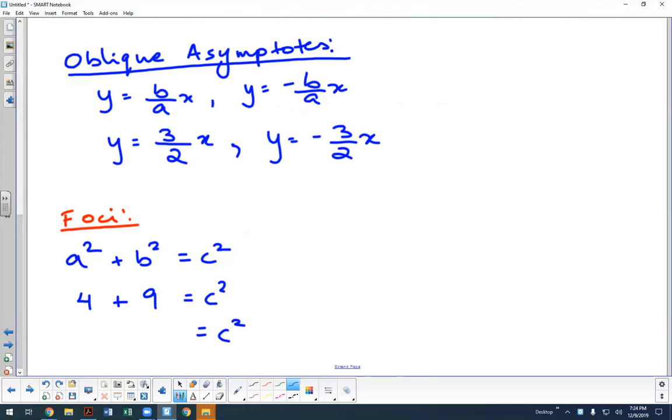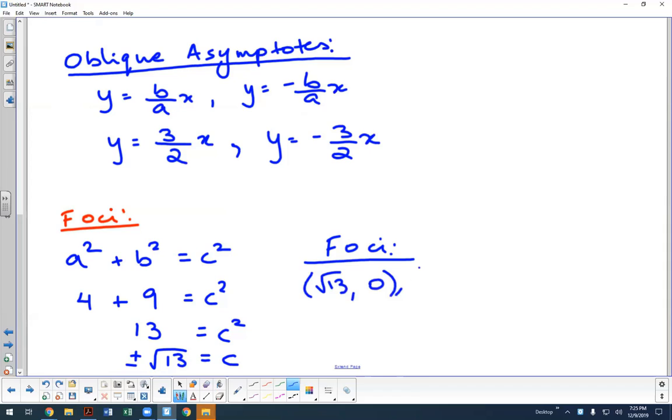So c squared equals 13, that means c equals positive and negative square root of 13. Can I simplify that radical? No. Another thing to remember, this is a hyperbola opening left and right, which means our foci are going to be on the x-axis.